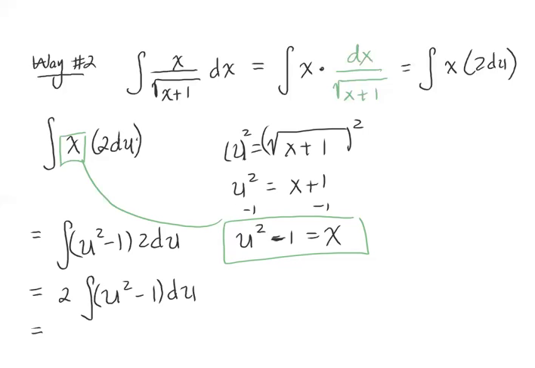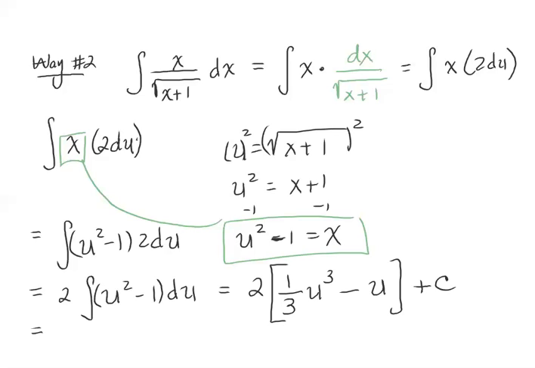So that becomes, actually I'm going to do it over here, that becomes 2 times the antiderivative of u squared minus 1, which is u to the third power times 1 over 3 minus the integral of 1, which is u, all of that plus c. So I have that integral complete.